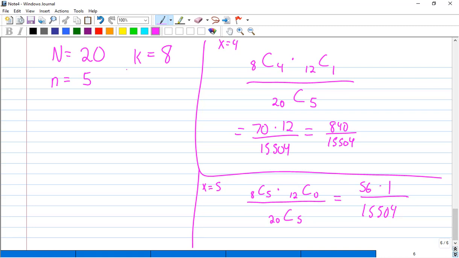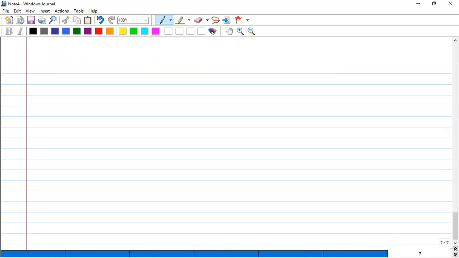15,504. Now we want to add those two together. Just add the numerators. That's going to be 896 over 15,504. So we have 1 minus 896 over 15,504.